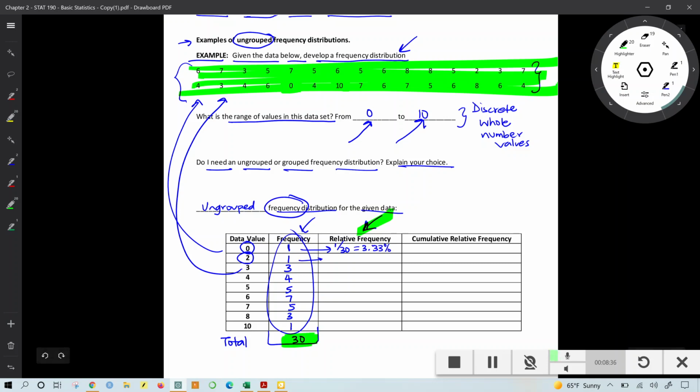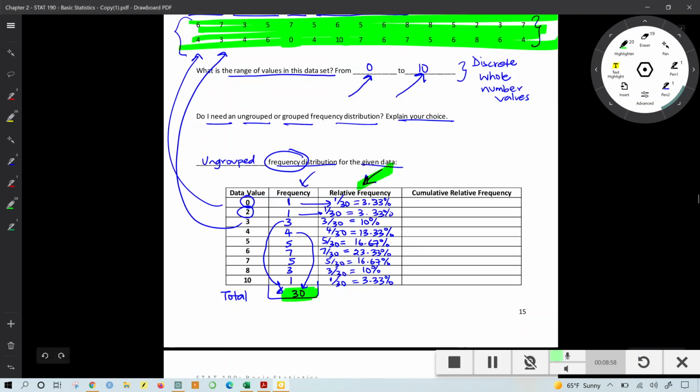And then, again, another 1 out of 30, that will be 3.33%. And again, for the next one, it is 3 out of 30, that is about 10%. Then 4 out of 30.